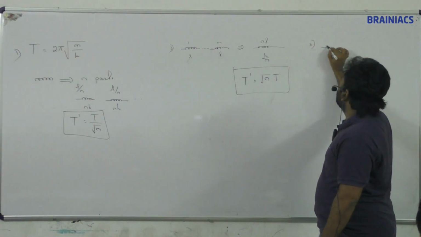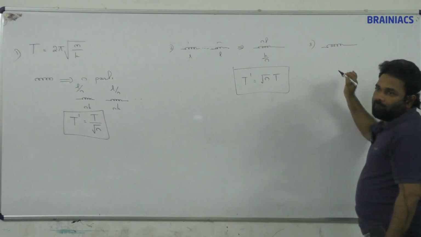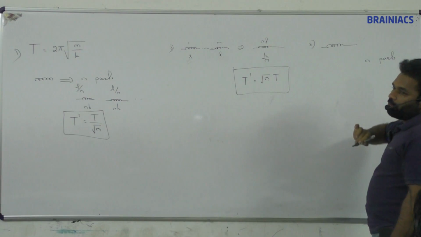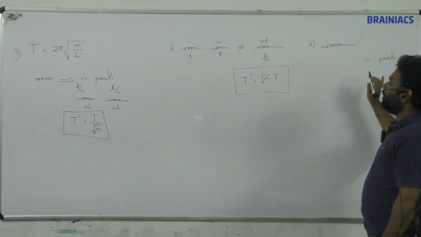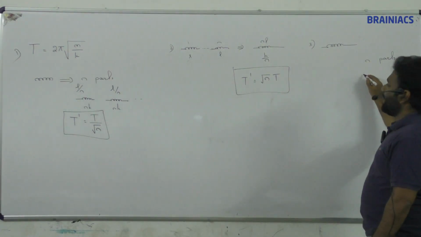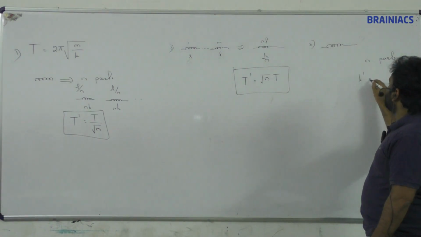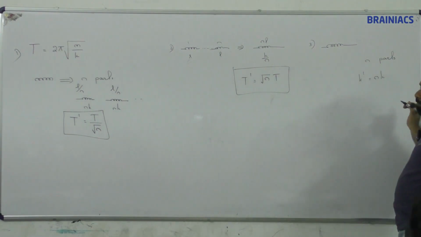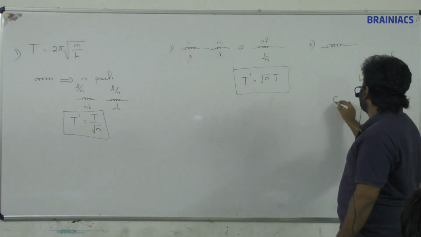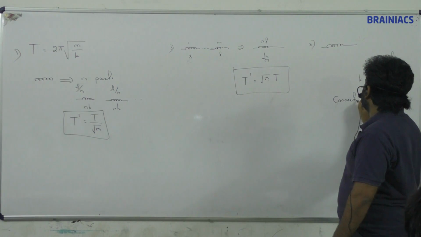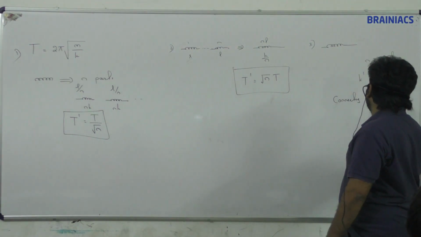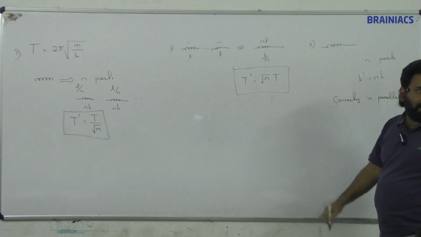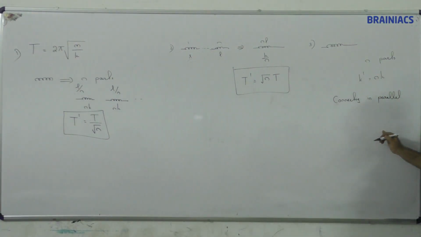Third thing, a spring cut into n parts. If I cut into n parts, what will happen to the k? This will become nk. Now again, connecting these in parallel is just like resistance in series.